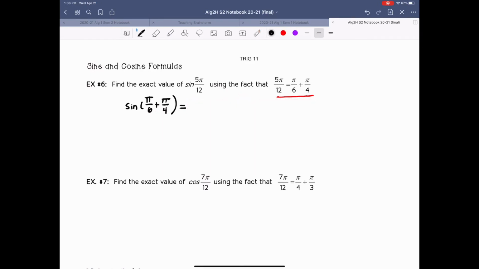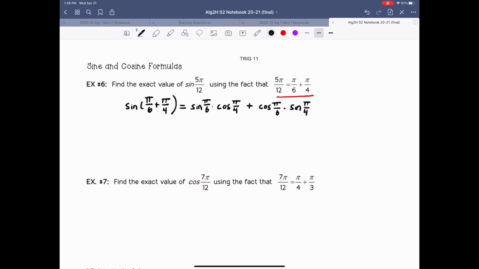So if I break this apart, this is going to expand into the sine of pi over 6 times the cosine of pi over 4, keep the same operation, addition, and then we're going to alternate the trig functions. So for the second term, we have the cosine of pi over 6 multiplied by the sine of pi over 4.